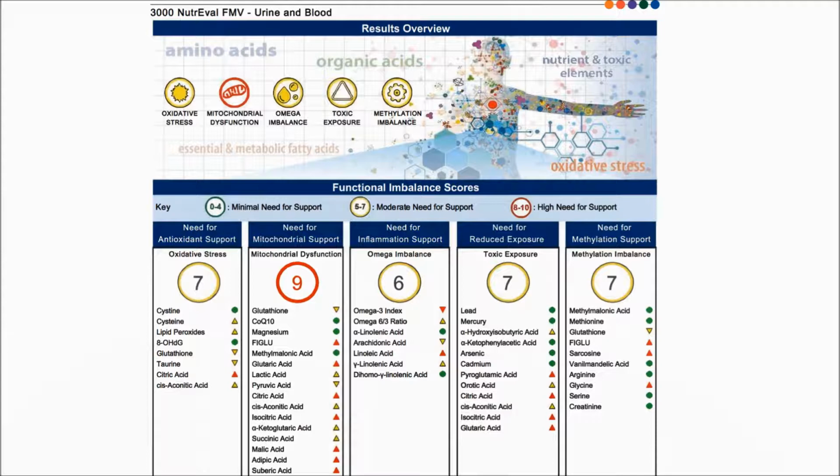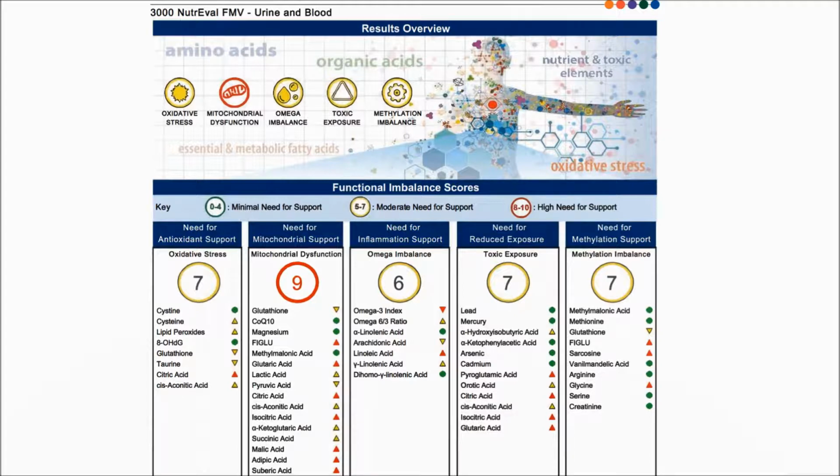It again looks at toxic exposures with cadmium and lead and arsenic. It also looks at your typical minerals in your body, and do you have enough magnesium? Do you have enough potassium, and so on. It also assesses your methylation imbalance.